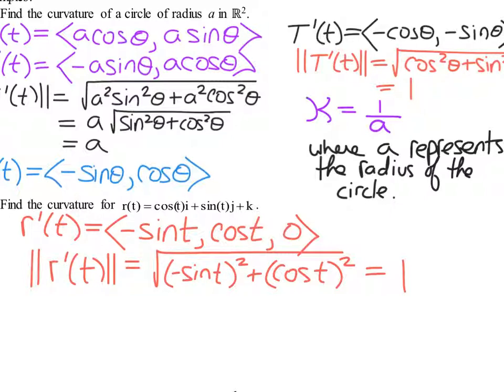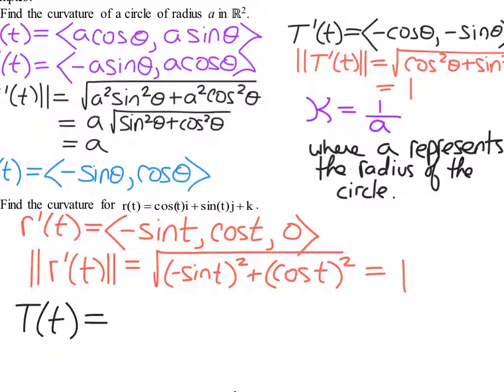So we have that. Now, it's good news, bad news, but I don't think there's anything bad about this problem because the numbers are nice, the functions are nice. But when I'm looking for my unit tangent vector, I would be dividing my r prime of t by 1.